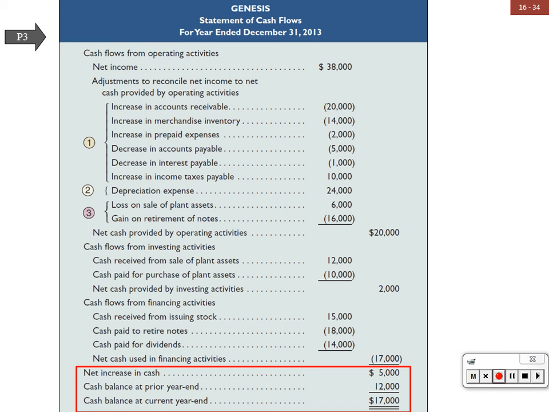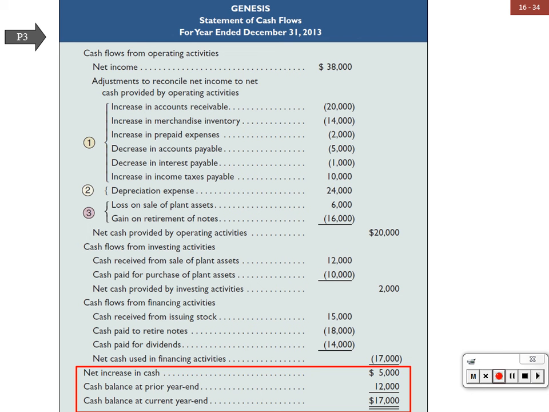And that's going to show our net increase in cash. Now it says cash balance at prior year end. This is why the balance sheet is so important for the previous period, because that cash balance is going to be added to the net increase in cash, or subtracted from net decrease in cash, from the cash flow statement placed here. Everybody understand, right?